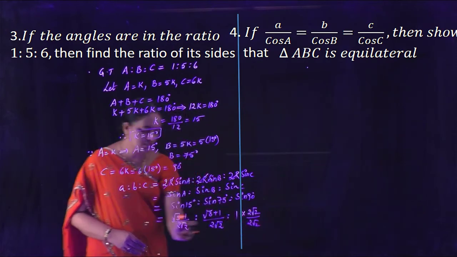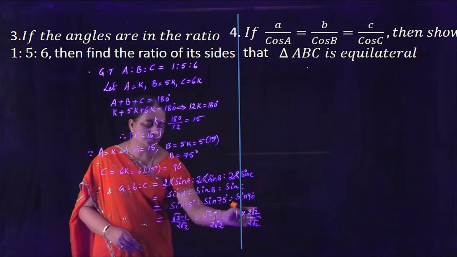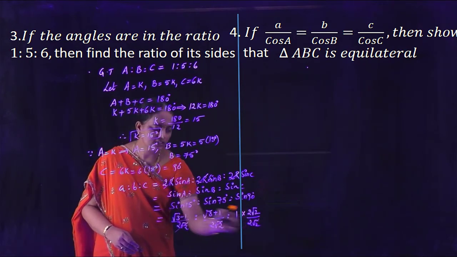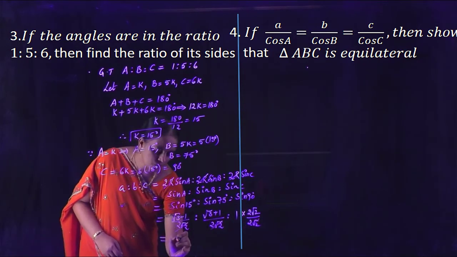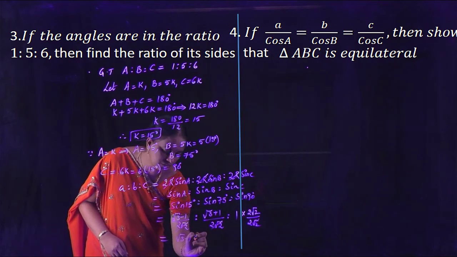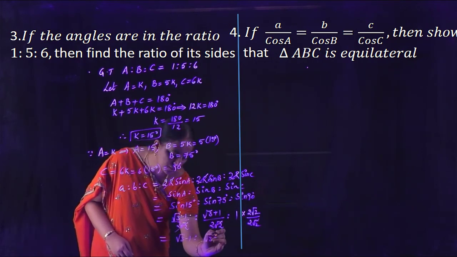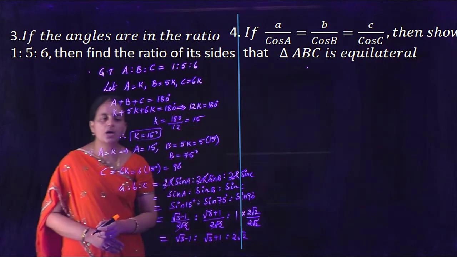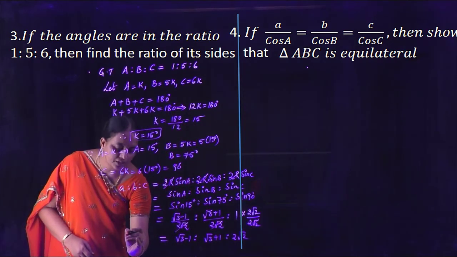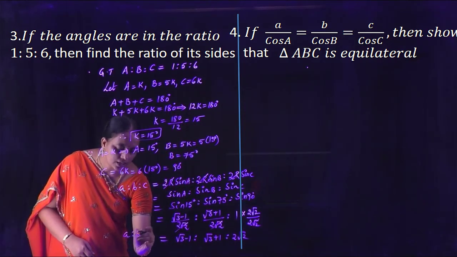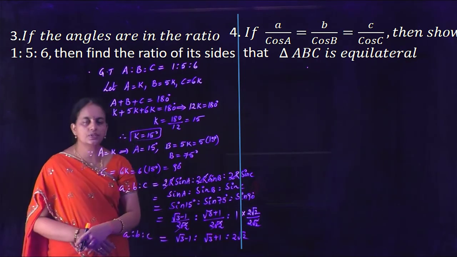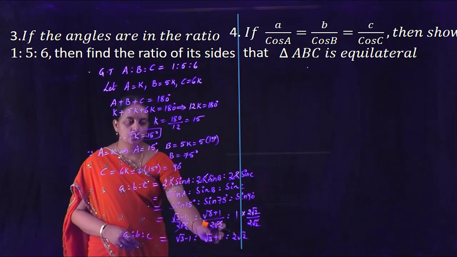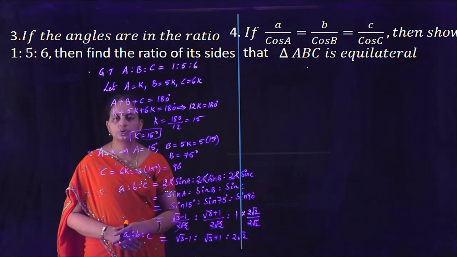Now, in these three terms the denominator is the same, 2 root 2, so we cancel this term. You get root 3 minus 1 is to root 3 plus 1 is to 2 root 2. The ratio of the sides of the triangle, that is a is to b is to c, is equal to root 3 minus 1 is to root 3 plus 1 is to 2 root 2.